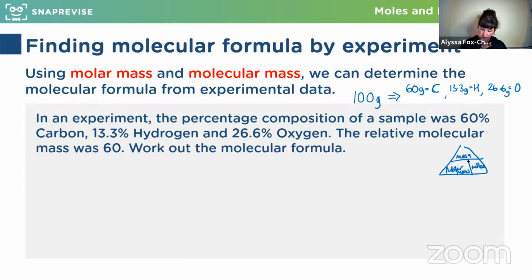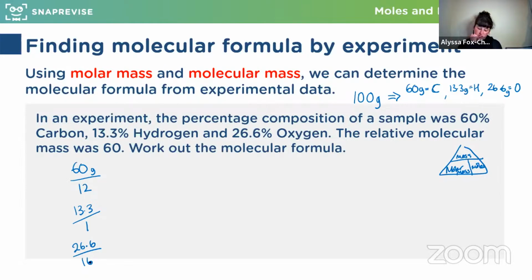So I'm trying to work out the moles of carbon. So I've got 60 grams divided by 12 for carbon. I've got 13.3 grams of hydrogen divided by 1 for hydrogen. And then I've got 26.6 divided by 16 for oxygen.